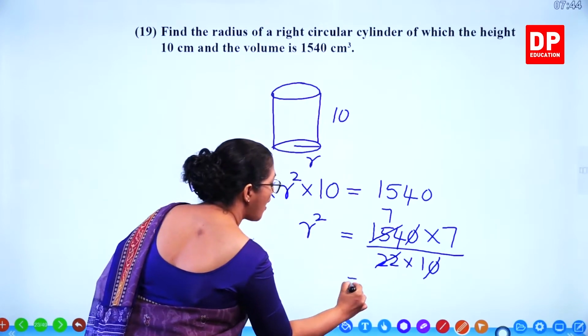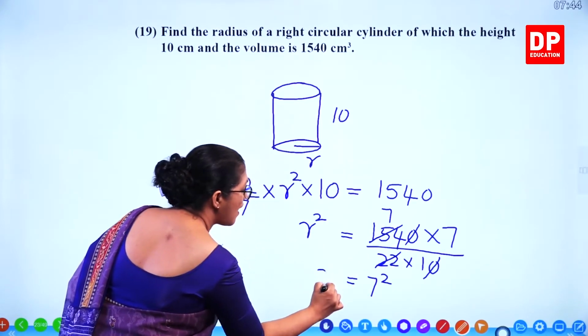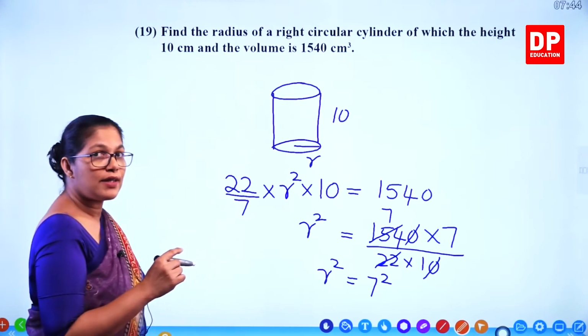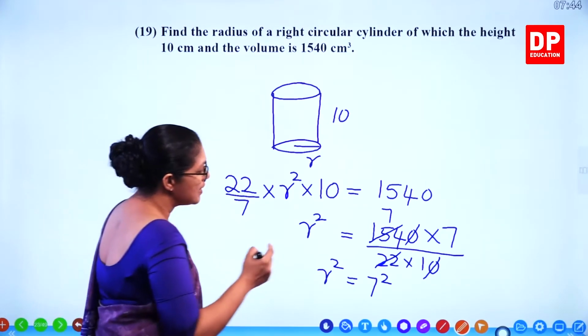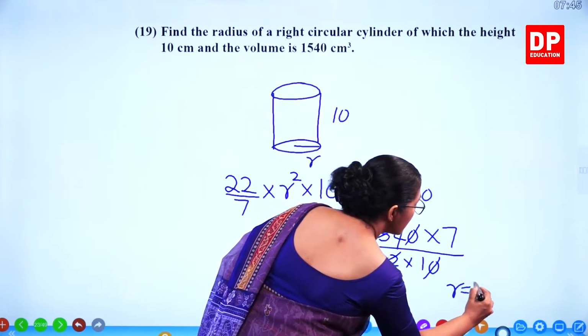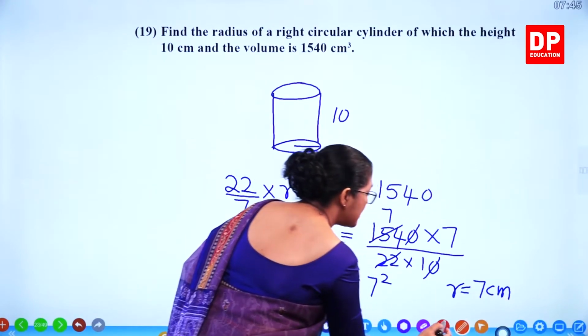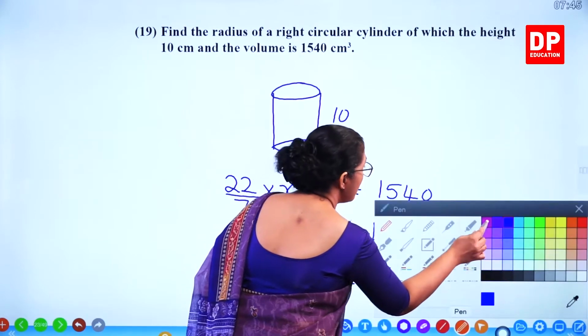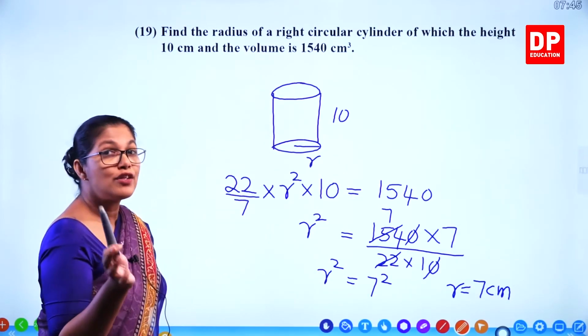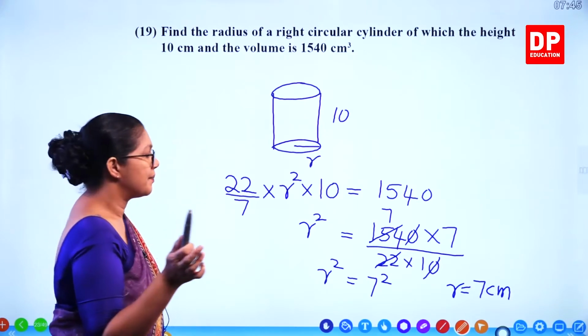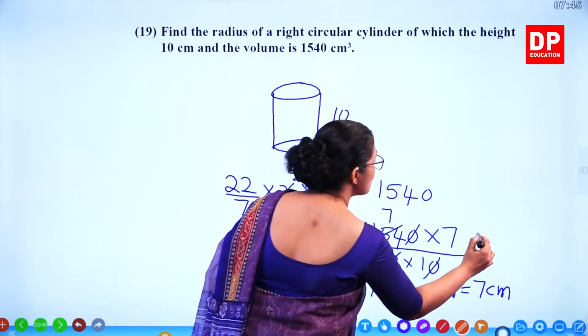So 7 squared is r squared. So same power, you can compare the two values. So r becomes 7. r is 7 centimeters. Here in this paper, all papers, make sure that you write down the correct units. So 2 marks.